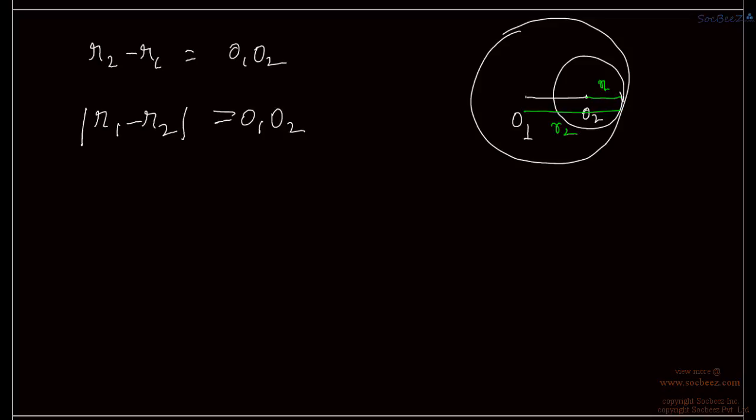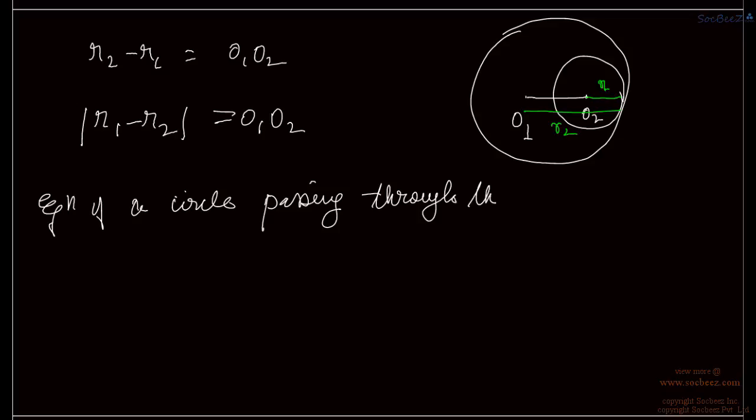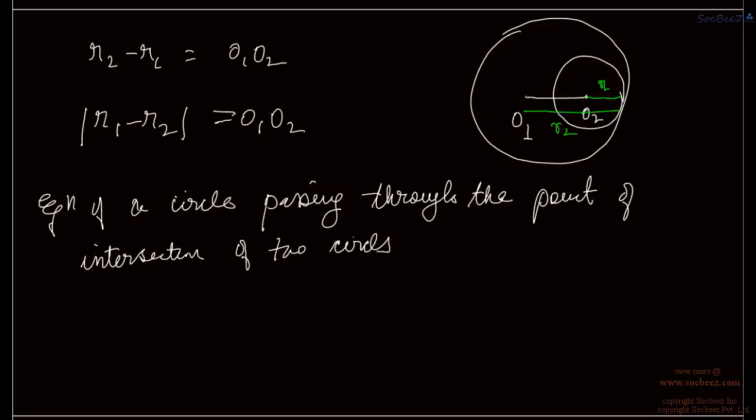Now for family of circles, say we have to find the equation of a circle passing through the point of intersection of two circles.